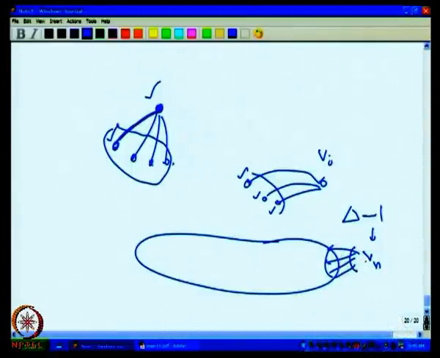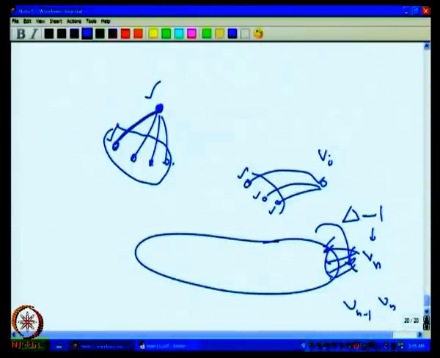Now, once you remove this vertex, there will be at least one vertex touching it. So, therefore, its degree will reduce. So, we can pick up that vertex, because that is another delta minus 1 degree vertex in the induced subgraph after removing Vn, that we can consider as Vn minus 1, and after that, I can remove that vertex.